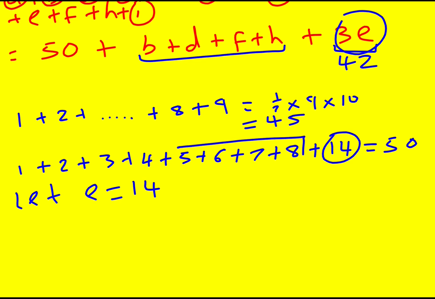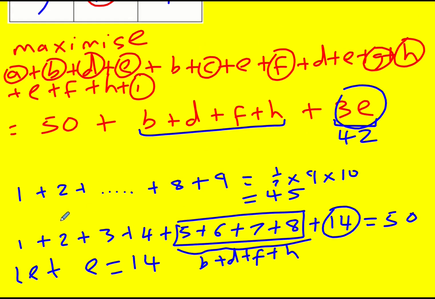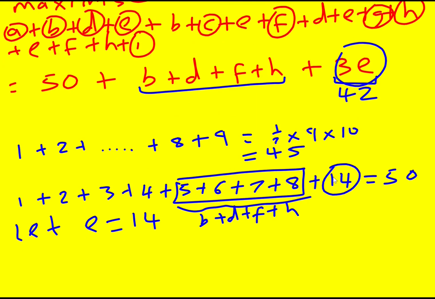So let's make them these. It doesn't matter which is which. This is going to be B plus D plus F plus H. And the other ones that I've only counted once, they can be the smallest ones, 1, 2, 3, and 4. So that's going to be 11, 18, 26.